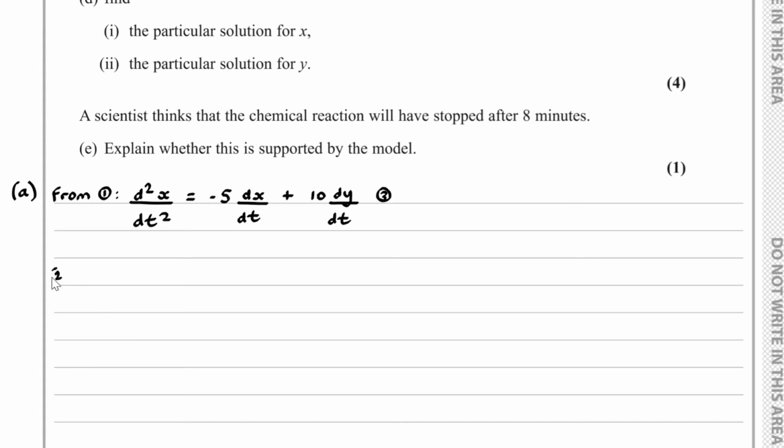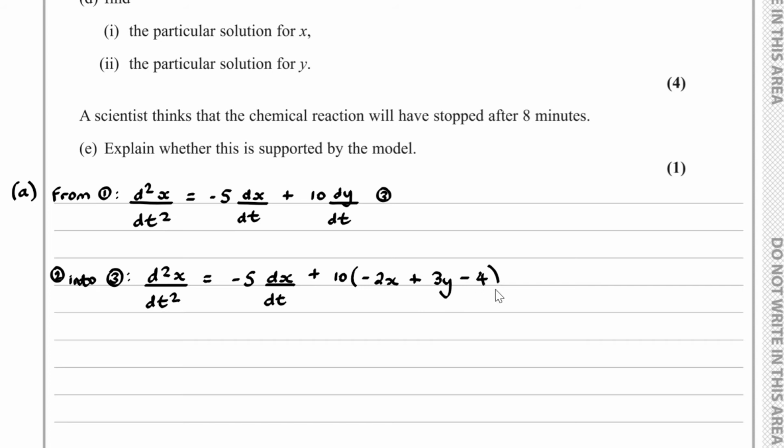So if we substitute in equation 2 into equation 3, we have d squared x over dt squared equals minus 5 lots of dx over dt plus 10 lots of dy over dt, which we now know is minus 2x plus 3y minus 4.